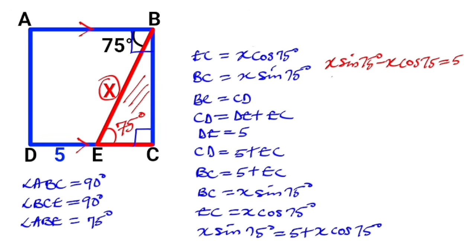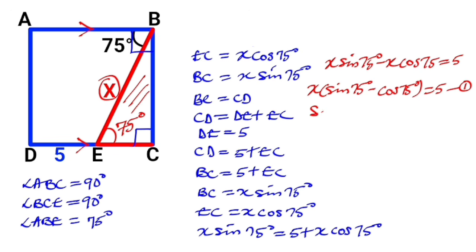Next, let's factor out x from both terms on the left side. Doing this will give us x multiplied by the sine of 75 degrees minus the cosine of 75 degrees is equal to 5. Let this be equation 1.